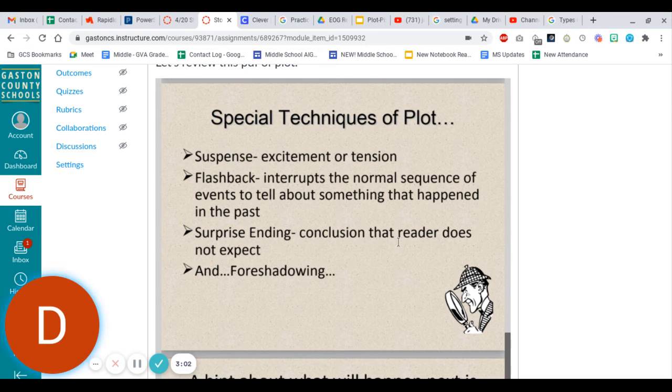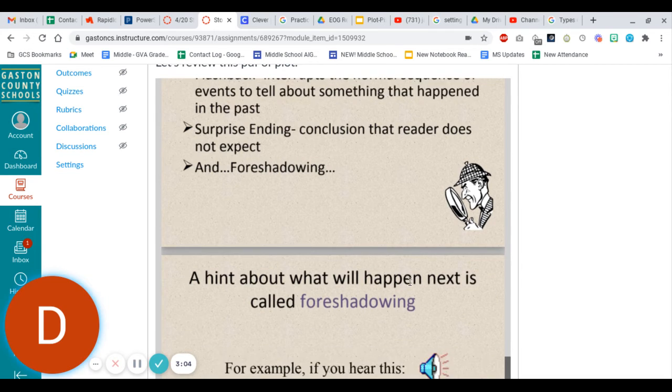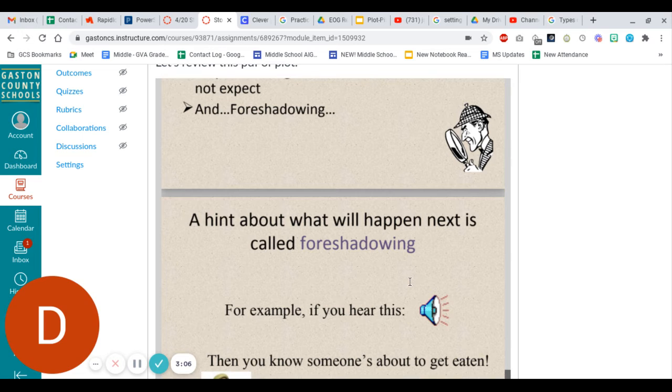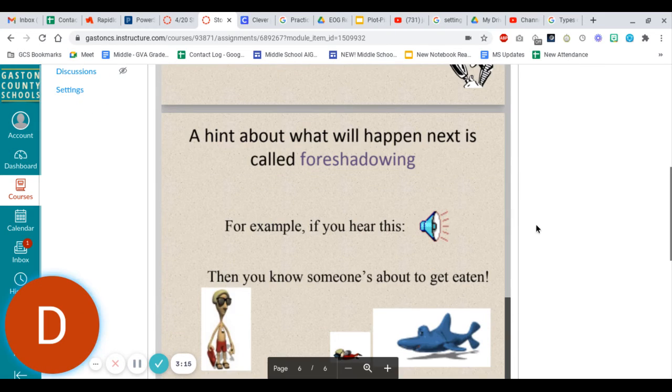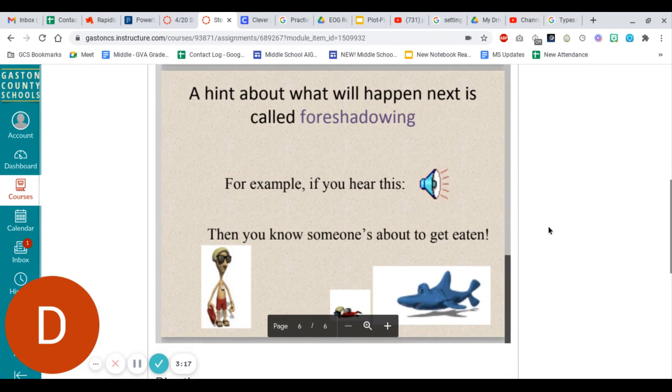And foreshadowing. Foreshadowing is a big one. Remember, when we foreshadow, the author, or you as the writer, will give you hints and clues about what's going to happen next. So if you think about it as these pictures down here, you have a person on the beach, you have a swimmer over here, it looks like he's scuba diving, and then you have a shark.